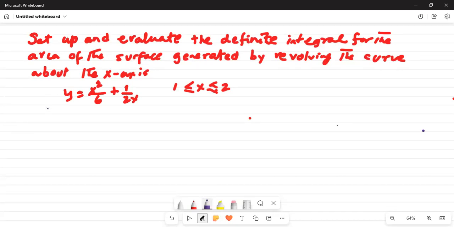use the formula for surface of revolution.